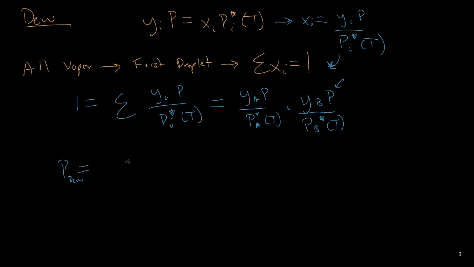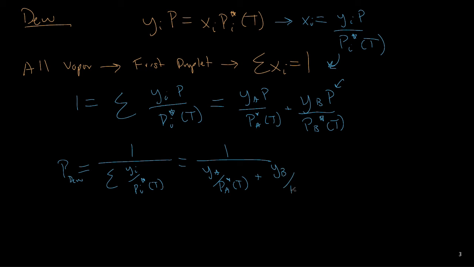And so after we do the algebra, the pressure, which is the dew pressure, will be equal to 1 over the summation of yi over Pi star, or in the case of a binary mixture, 1 over yA over PA star plus yB over PB star, which is the vapor pressure.